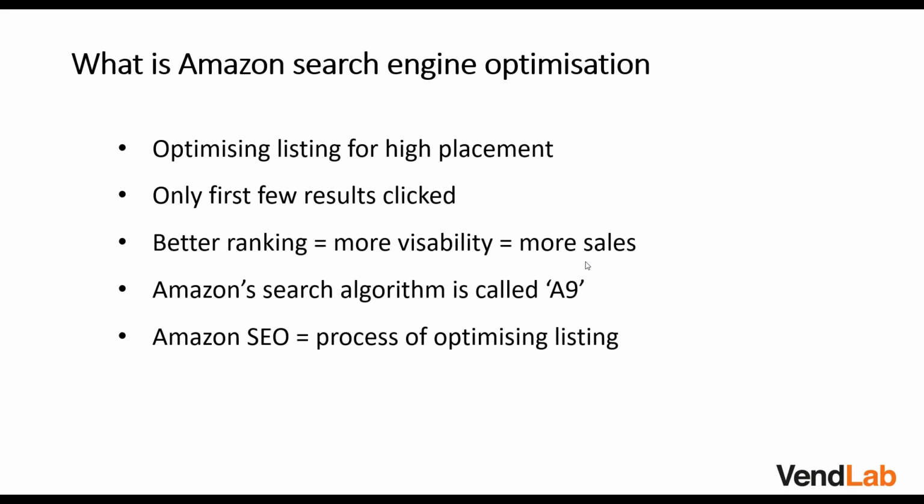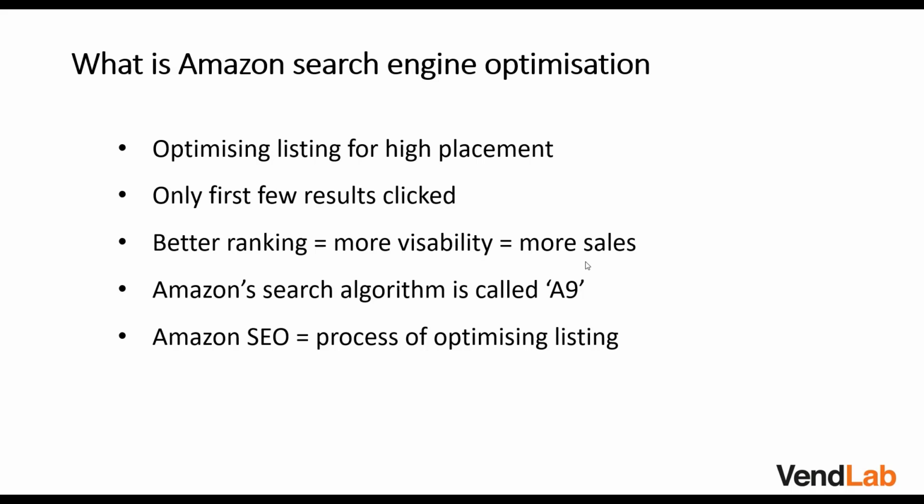So what is Amazon search engine optimization? In many ways, it is similar to optimizing search on Google. You're optimizing pages, in this case product listings, for high placement in search results. Only the first few results are clicked, or to be more correct, the lion's share of the traffic will go to listings on the first page. If you can achieve better rankings in Amazon search, your products will get more visibility and you will get more sales.